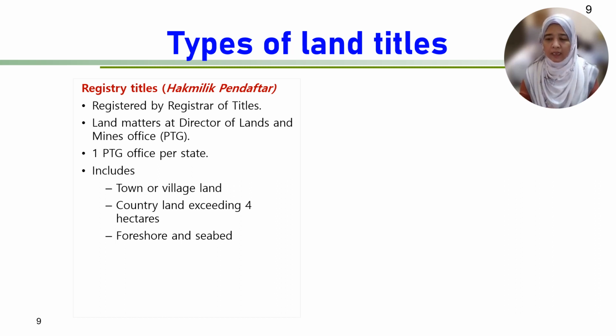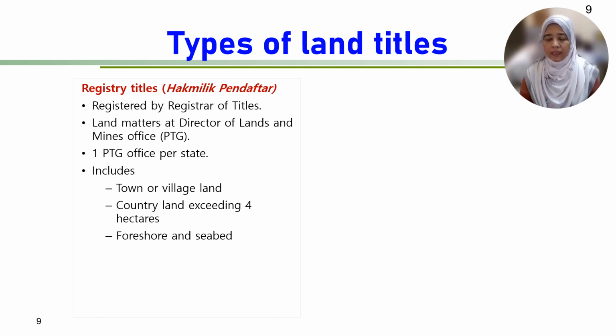So any country land which is above 10 acres, aka above 4 hectares, okay, the title is under PTG. So if you want to conduct title search, it's at the PTG. If you want to undertake subdivision, conversions, simultaneous conversion and subdivision, any dealings, the permohonan itu semuanya di PTG.